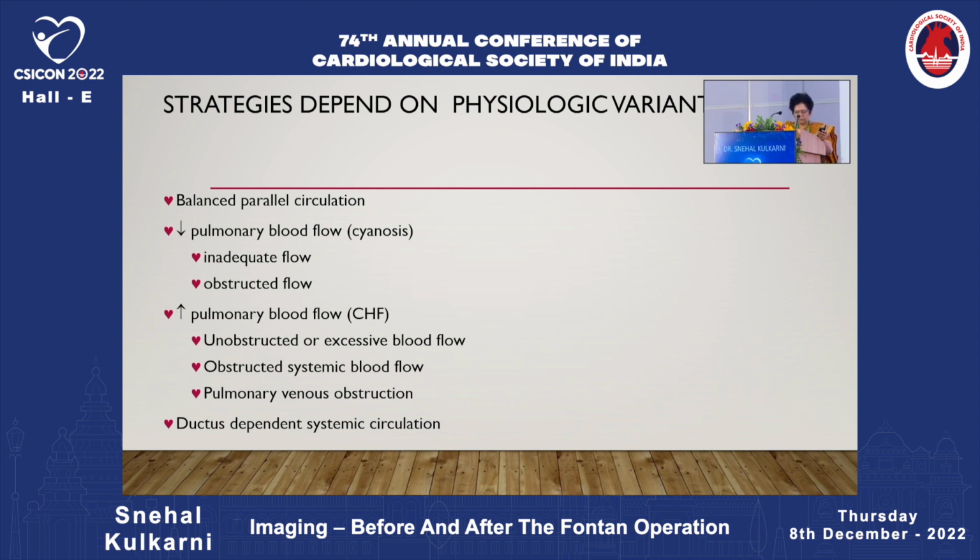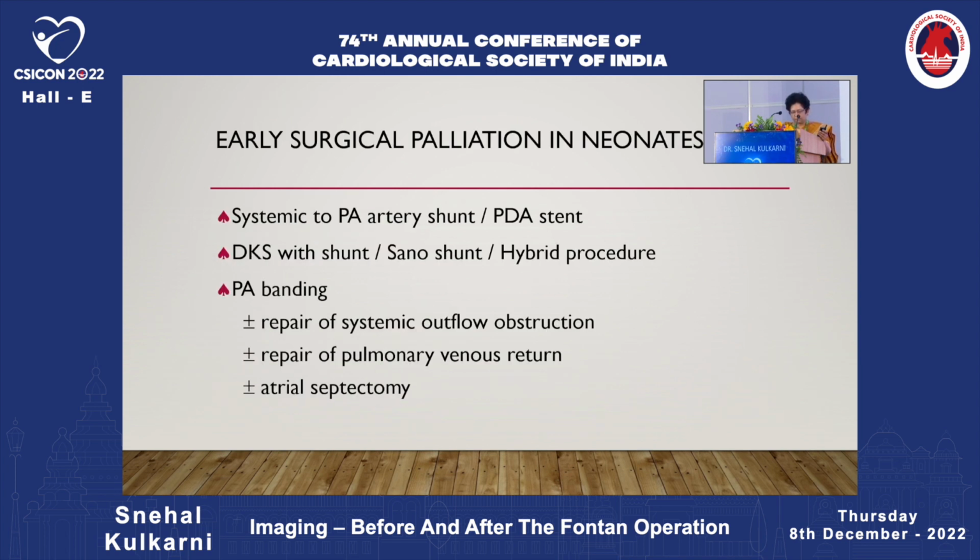There may be situations where there is significantly reduced pulmonary blood flow presenting with cyanosis. There will be excessive pulmonary blood flow, or obstructed either systemic or pulmonary venous blood flow, or duct-dependent systemic circulation.